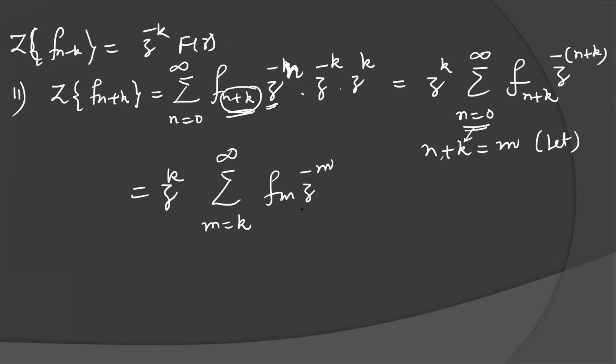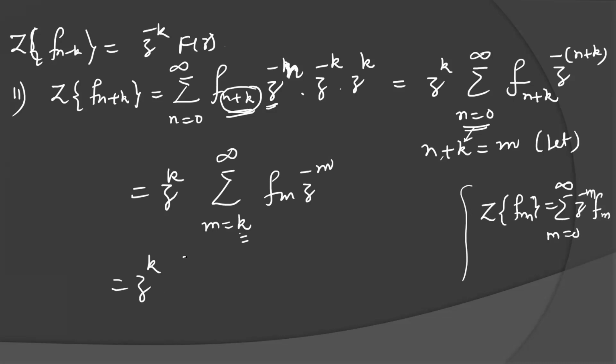Here, in the frame of z transformation, the only problem is the limit. Because the z transformation of the f(m) sequence is equal to sigma m equal to 0 to infinity z to the power minus m f(m). But the problem is here, m is starting from k onwards. So what do we have to do? We have to start from 0 onwards.